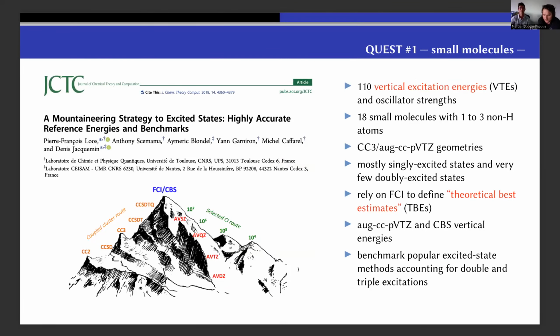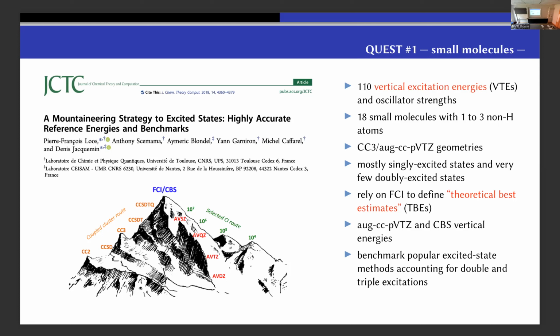So the first paper is from 2018. That was the first paper where we actually used selected CI to get those excited-state energies. It included 110 vertical excitation energies, which we're going to abbreviate as VTEs in the following, and oscillator strengths as well, in 18 small molecules from 1 to 3 non-hydrogen atoms.